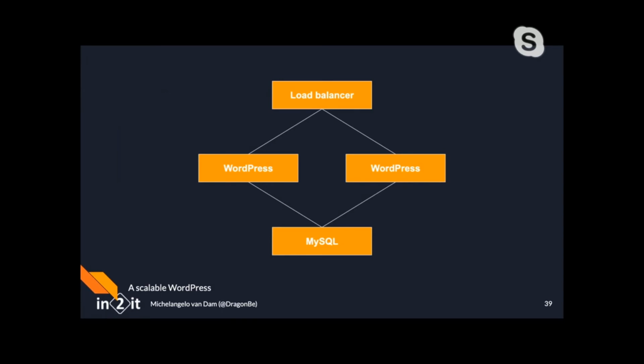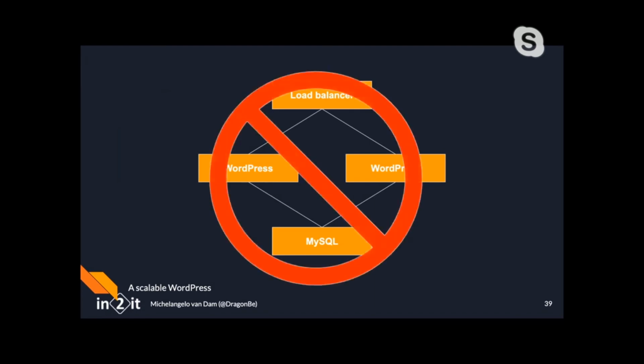Yeah, it's a scalable WordPress, but in my point of view, it's like my first example where you have multiple LAMP stacks nicely set aside with each other. So I want to look more at how we can really scale WordPress. So this was not actually a solution for me.